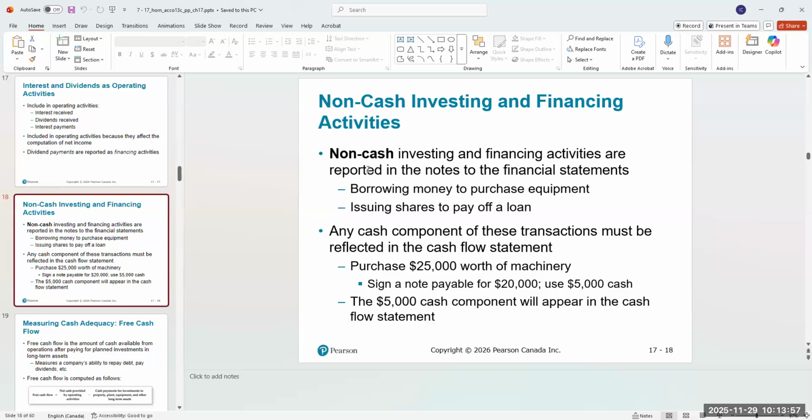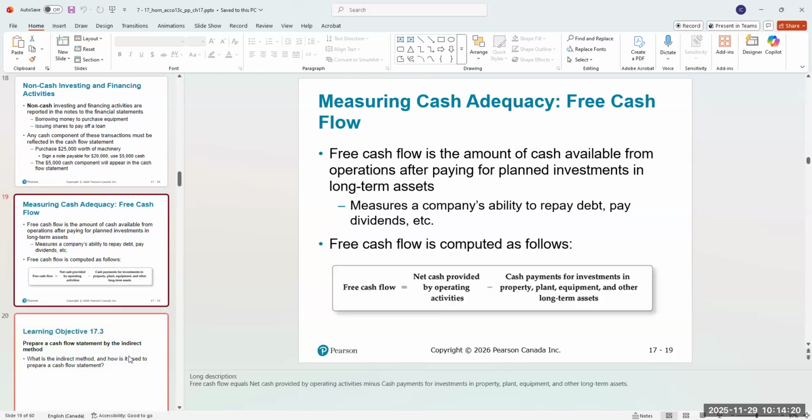Now, if there's a cash component in the transaction, like purchasing machinery for 25,000, paying with a note payable of 20,000, and the rest I'm paying cash, then yes, the cash component, the 5,000, is going to show a reduction of the cash. And it's going to be shown on the cash flow statement.